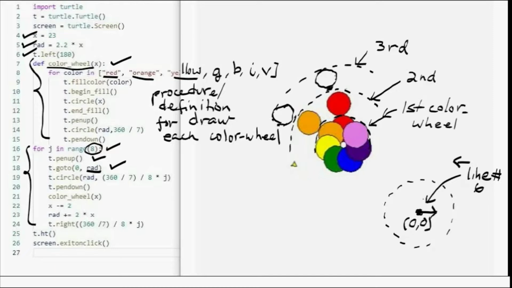X is initially 23. So the rad here is equal to 2.2 times 23, and it is 50.6. So the rad here is initially 50.6. So we go to 0 rad, and the 0 rad is right here.